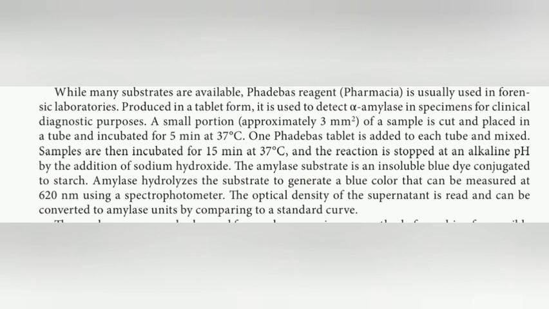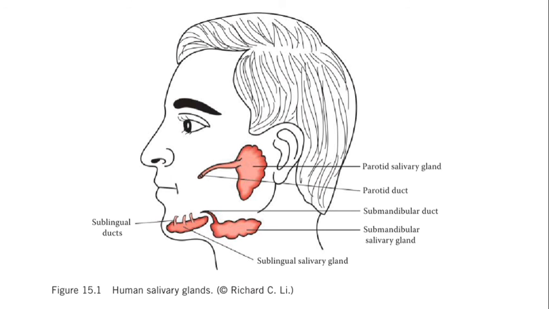Then an enzyme labeled antiglobulin is added to this sandwich, and the bound antiglobulin can be detected. The enzyme catalyzes the substrate and produces colorimetric or fluorometric signals. So these are some of the techniques for the identification of saliva stains.